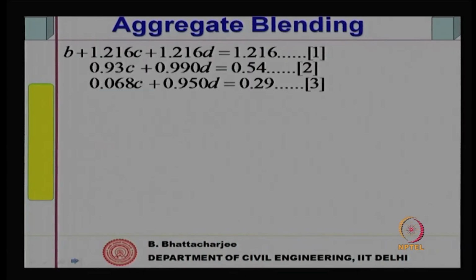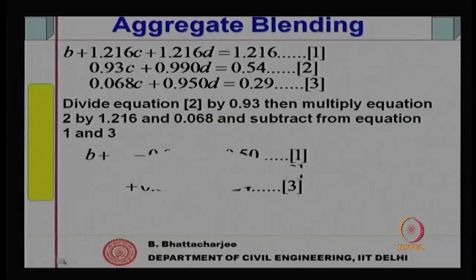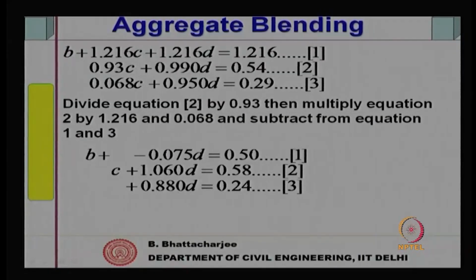If you do that, you eliminate out b, the equation then you get is something like this. Then you take pivot this element, divide equation 2 by 0.93 and multiply equation 2 by 1.216 and subtract, and 0.068 and subtract from equation 1 and 3, and this will lead to B C equals to this.